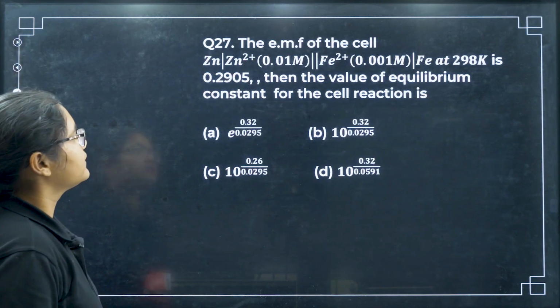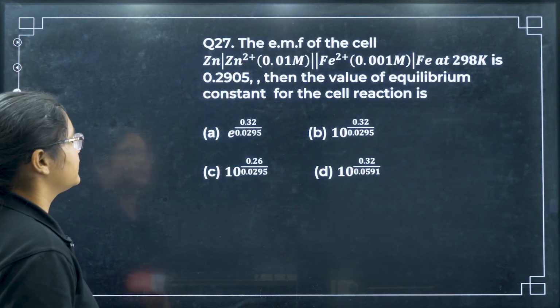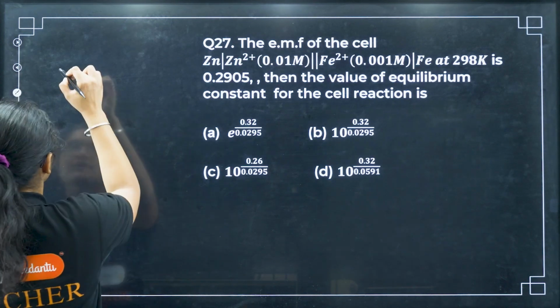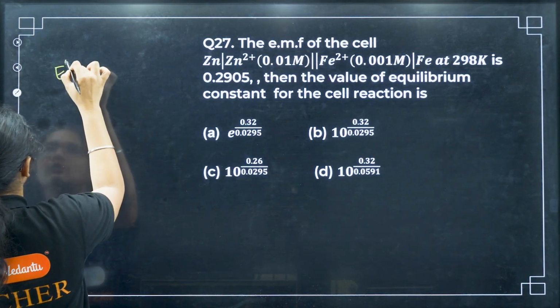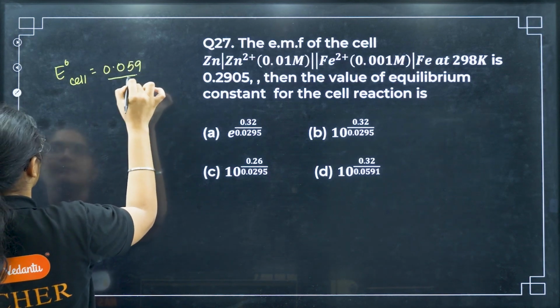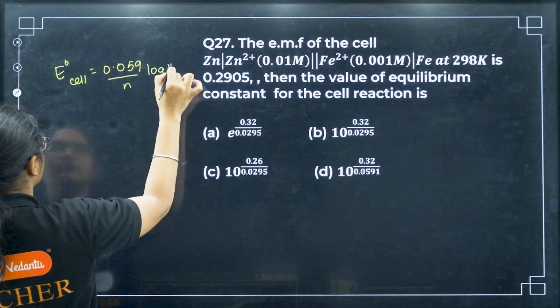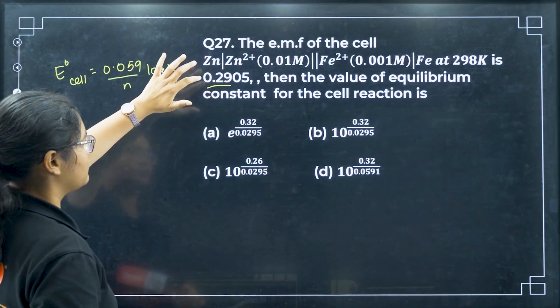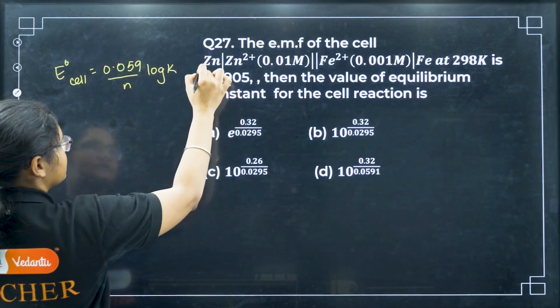Next, the EMF of the cell is given. You have to calculate the value of equilibrium constant. So we have this formula: E naught of the cell is equal to 0.059 by N log of K. What is this E naught value? I think this is some error. It is 0.0295, please correct it.